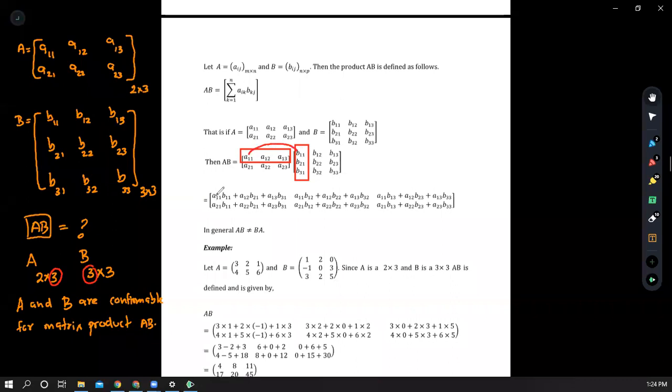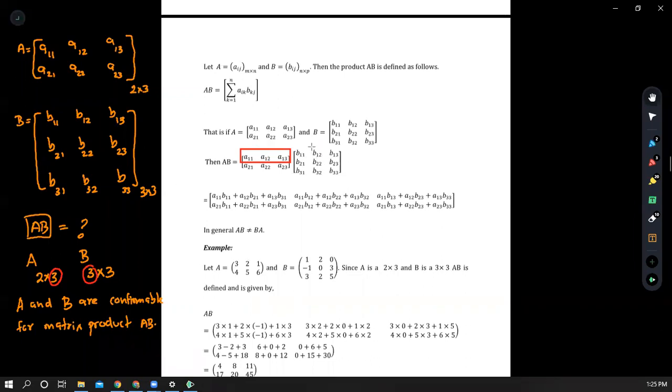Then I add this to A12 multiplied with B21. Then A13 multiplied with B31. That is how I get the first element. Therefore, the summation of these three products gives the element of the first row, first column. Since I have finished the calculations with the first column element, I have to move on to the second column.